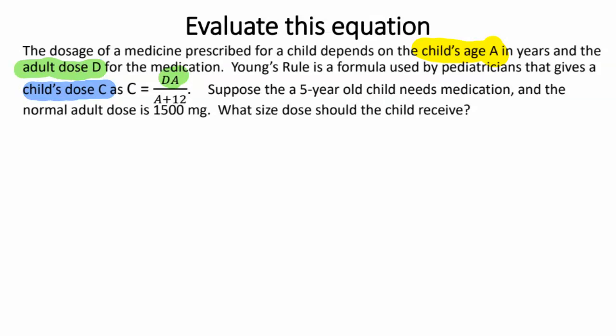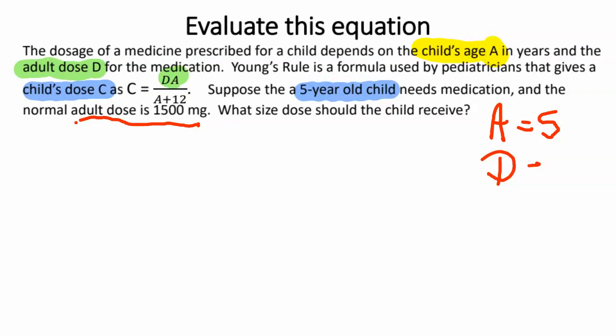Okay, here we go. Suppose the 5-year-old child, that is telling me that A is equal to 5, okay? The normal adult dose, which is telling me that D equals 1,500.